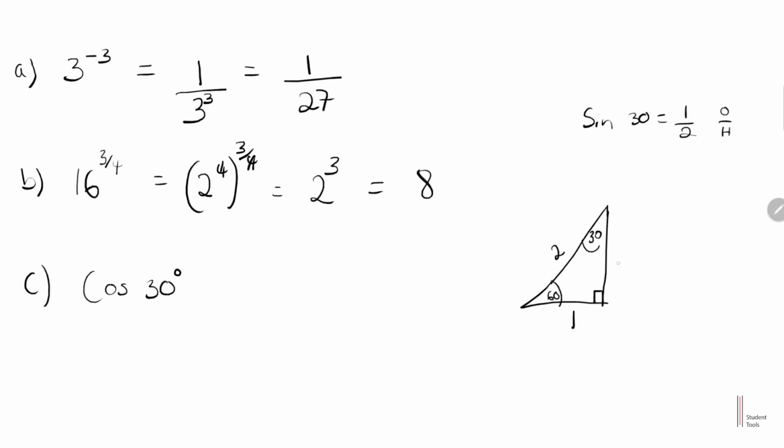So to get this other side, you know that c squared is equal to a squared plus b squared, when c is the hypotenuse. So 2 squared is equal to 1 squared plus b squared. And to make b the subject, we would have to take the 1 squared from the right hand side to the left hand side.